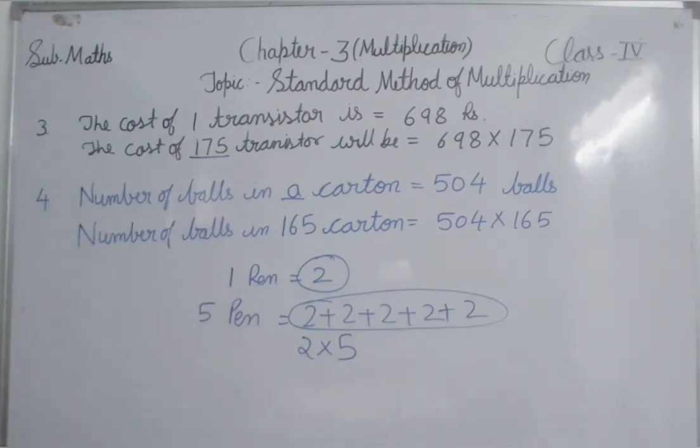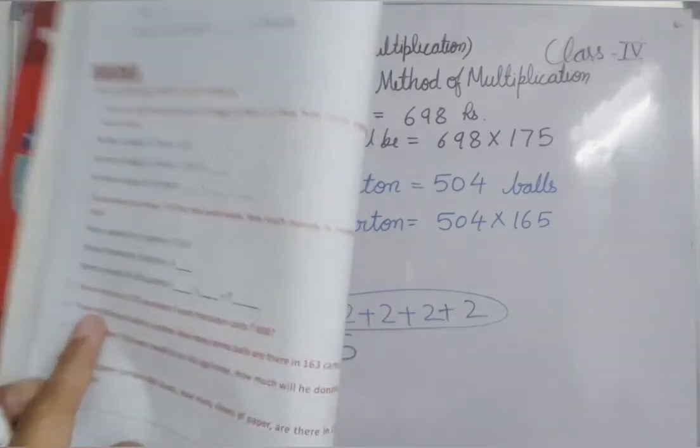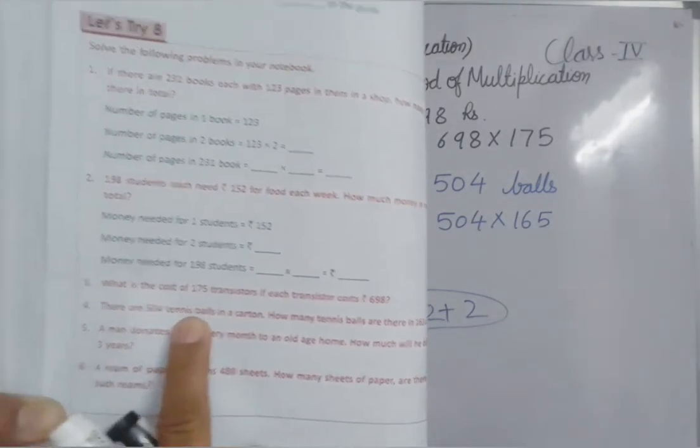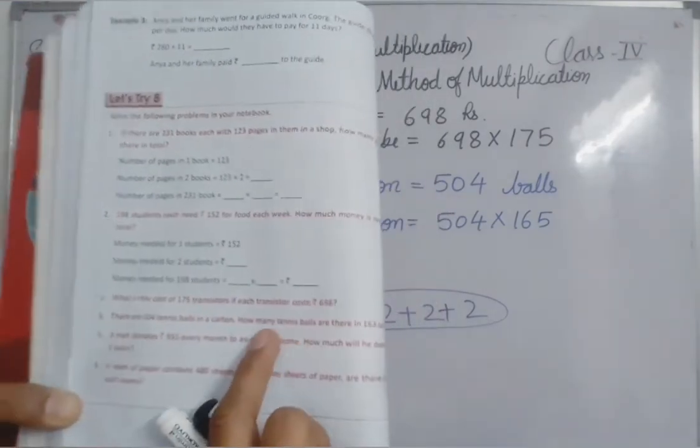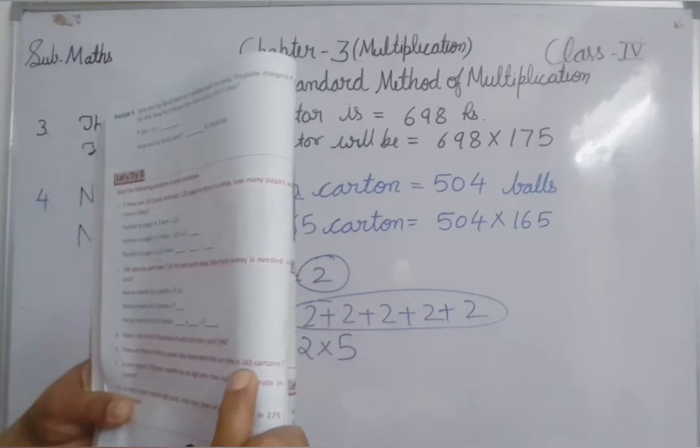Now see example 4 here in your book. There are 504 tennis balls in a carton. How many tennis balls are there in 163 cartons?